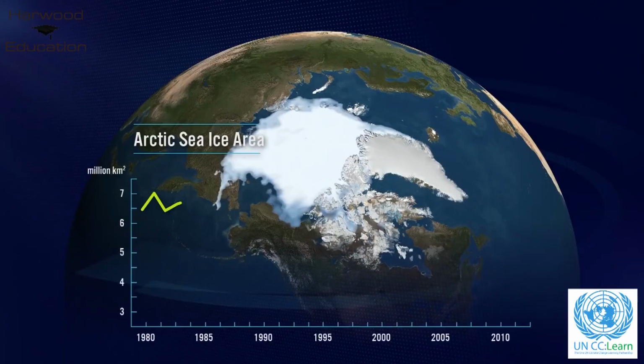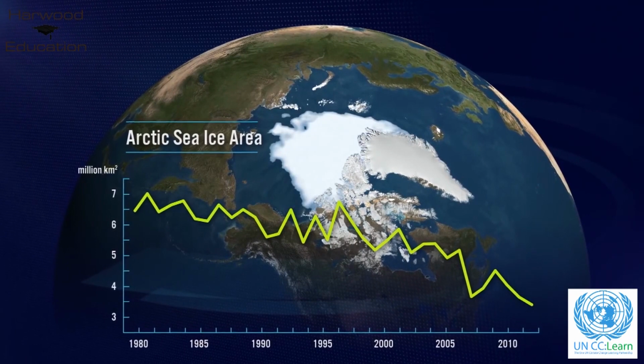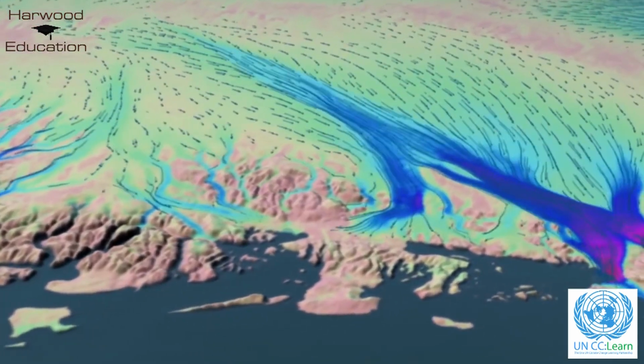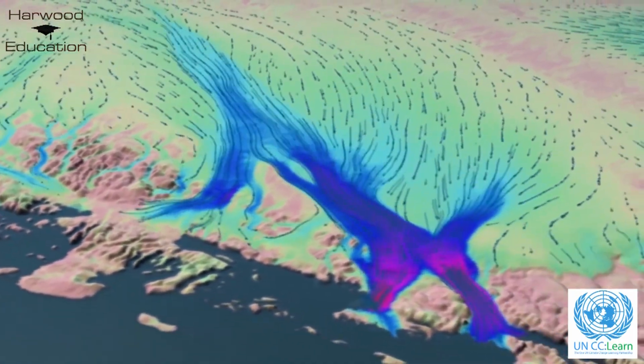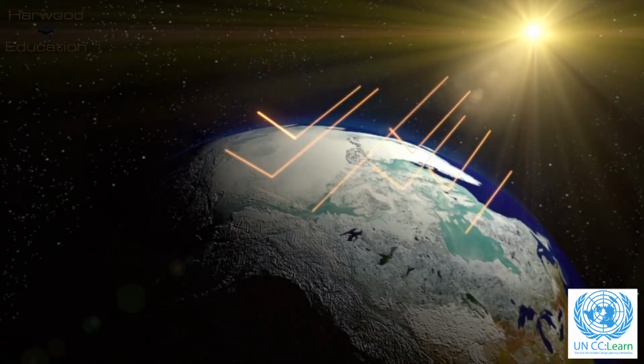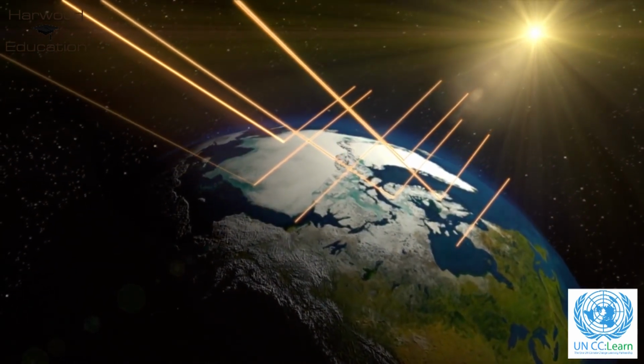Arctic sea ice extension has shown a downward trend since 1980. A downward trend is also observed at the Greenland ice sheet. The amount of mass that's lost in Greenland is about 6 times as much as what was observed 10 years ago. The observed changes in the cryosphere have serious implications.